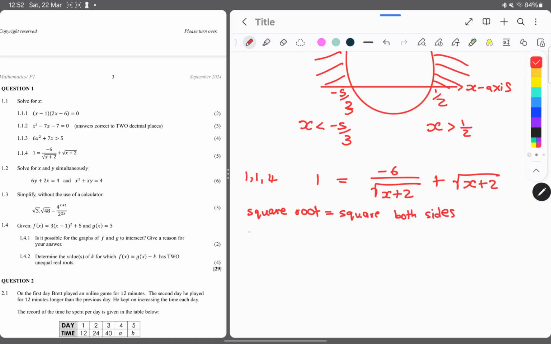And then you have x in the denominator, which means that you have to multiply by the denominator.